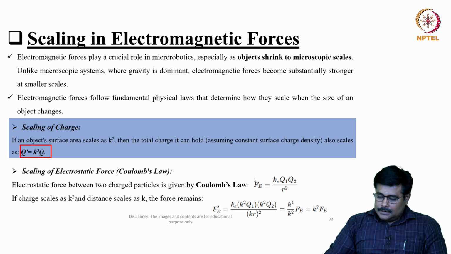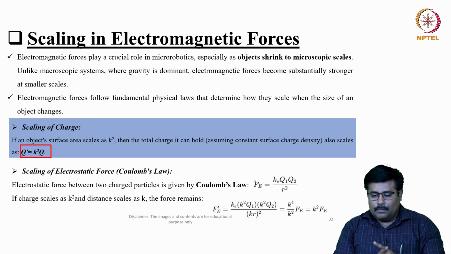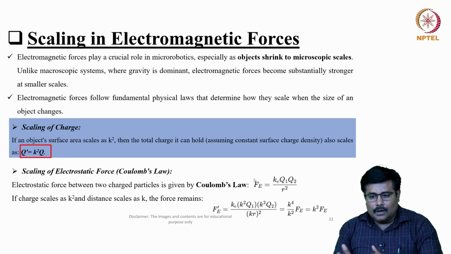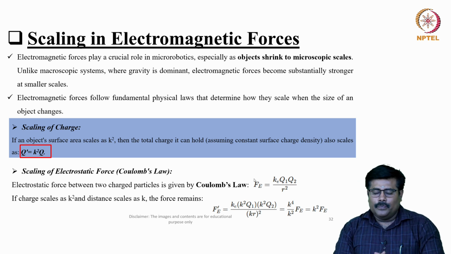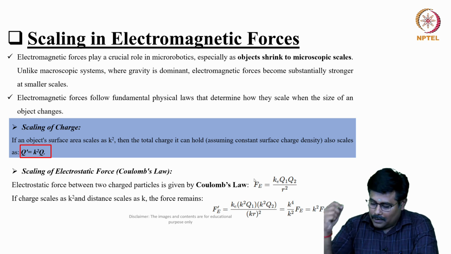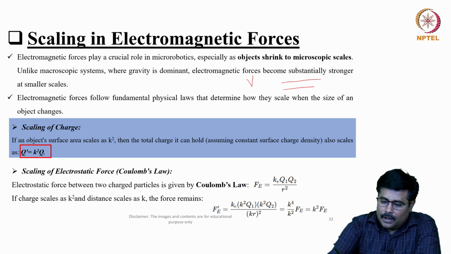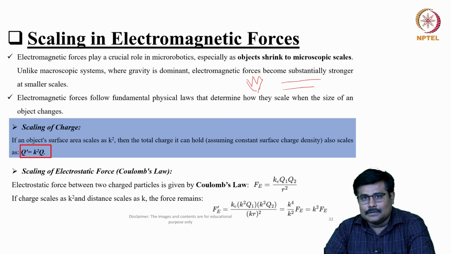Now, in this particular scaling in electromagnetics, when we consider electromagnetic actuation, it can be effectively used for shrinking a micro robot. For example, let us consider this as a tube, and we have a robotic structure which has a petal type shape, something like this.